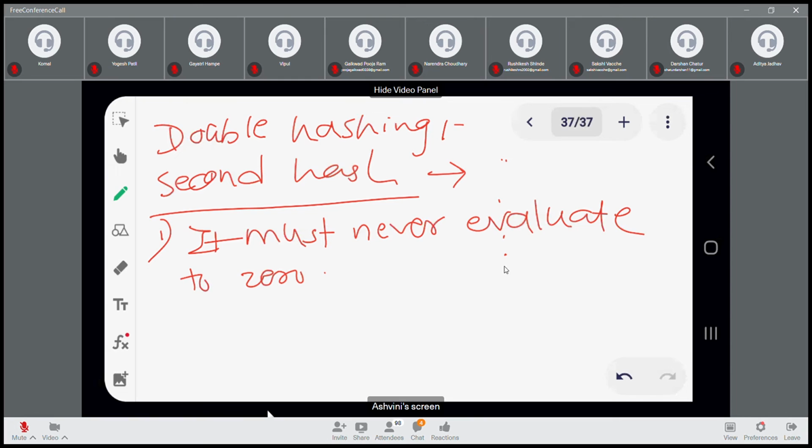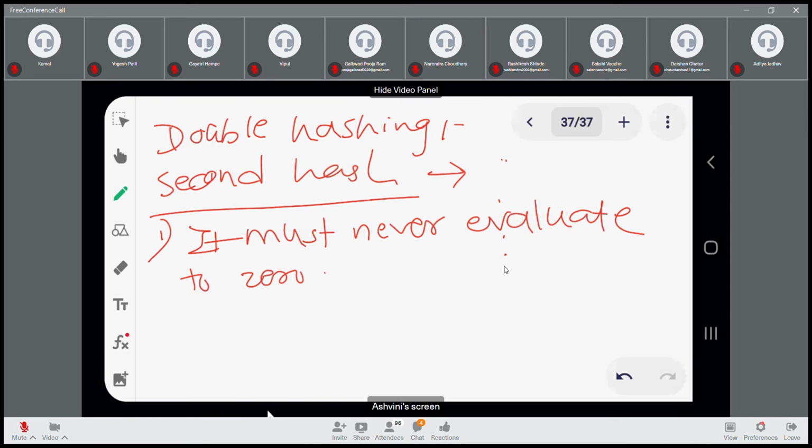So why is this an important rule? Obviously, if your second hash function evaluates to 0, it gives you the same index, but that index is not empty. That's why you are going to apply the second hash function. But if your second hash function also gives you the value 0, then the next position is the same position.